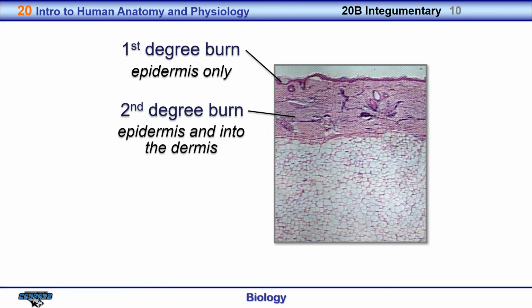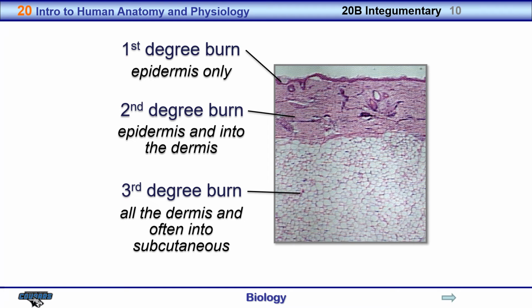So the epidermis and into the dermis would be a second degree burn. And in a third degree burn, all the dermis and the epidermis and down into the subcutaneous layer are damaged, so in other words your skin is pretty well damaged in that area. They would maybe have to do skin grafts and stuff like that in this situation.